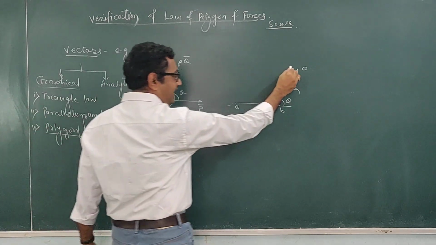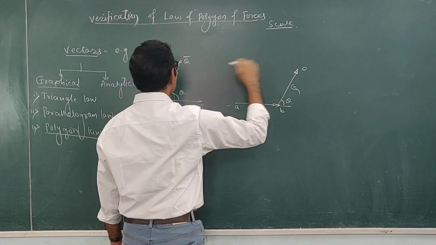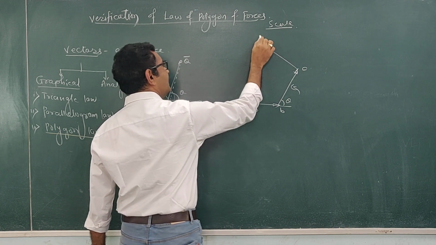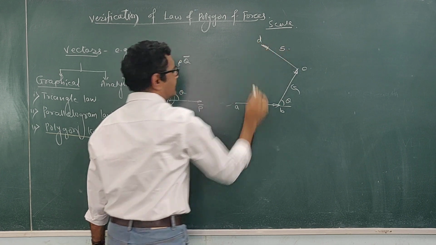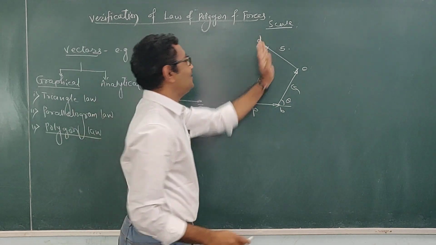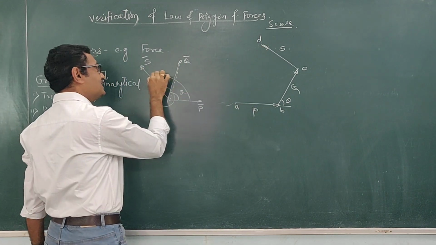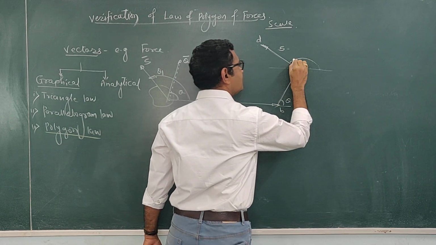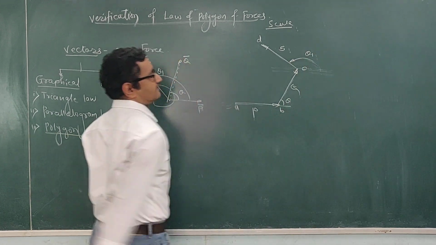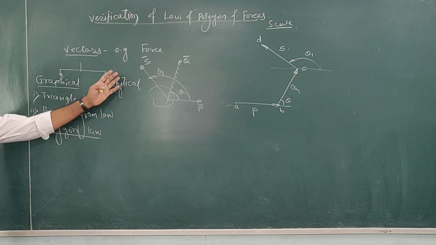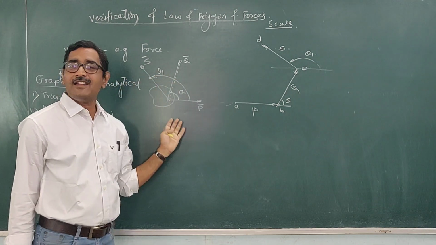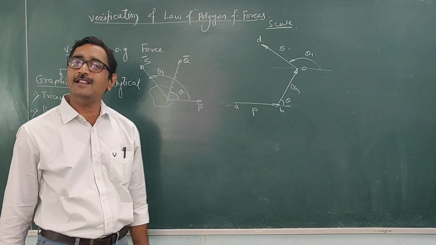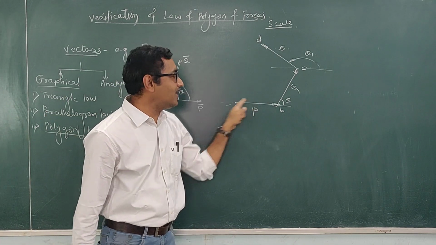Then from this head end, represent the third vector, which is S. So this CD line represents the vector S. Here I have drawn the line parallel to it. If suppose this angle is theta 1 with the positive x axis, then this angle will also be theta 1 with the positive x axis. So when a number of vectors are there and you want to add them, you have to represent these vectors graphically as the sides of a polygon taken in order.